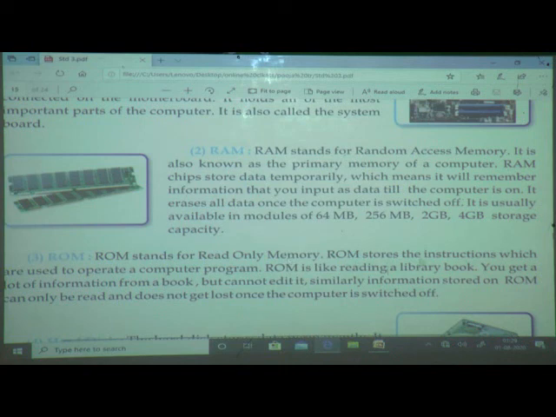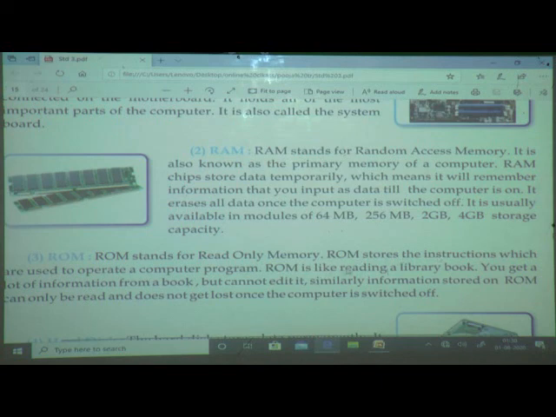ROM stores the instructions which are used to operate a computer program.